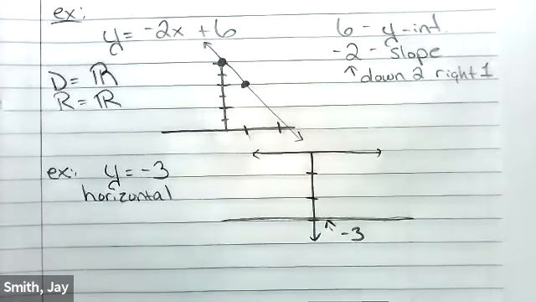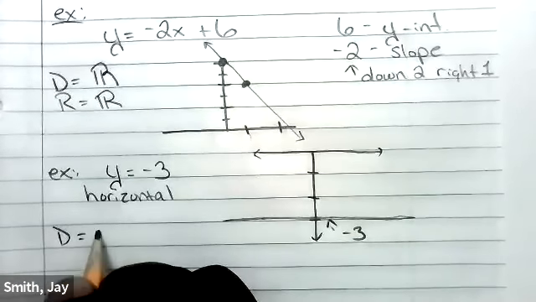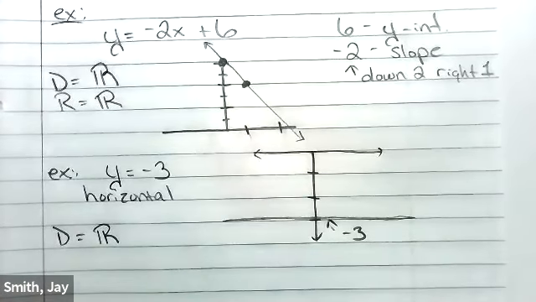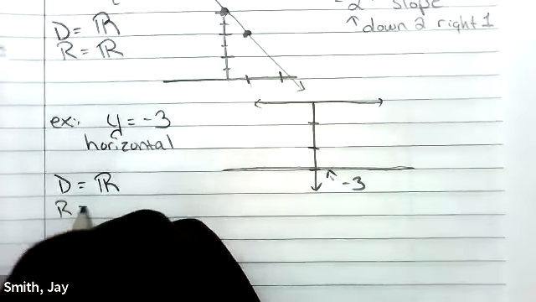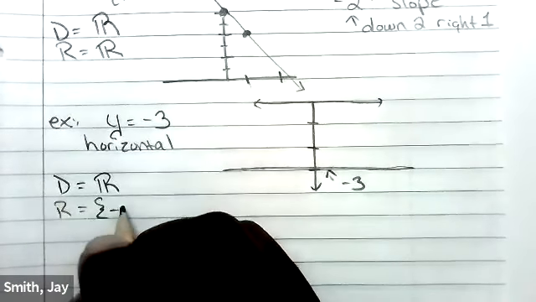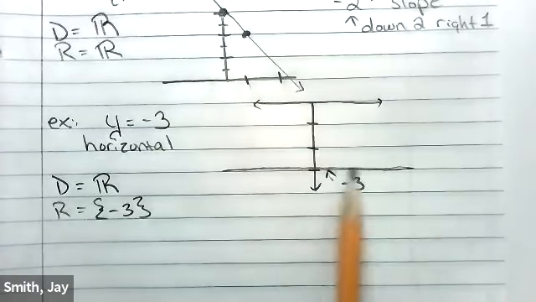So this is a perfect horizontal line. Here, the domain of this function is the entire real number system, from negative infinity to infinity. Well, the range of this function is simply the set containing negative 3. That's the only y value for this entire function.